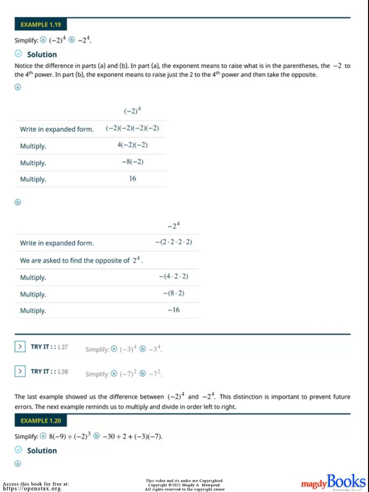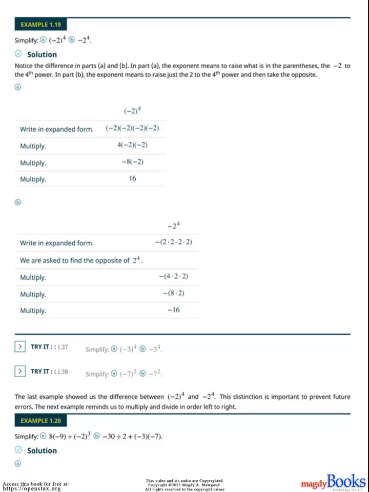Multiply. 4 times negative 2 multiplied by negative 2. Multiply. Negative 8 times negative 2. Multiply. 16.